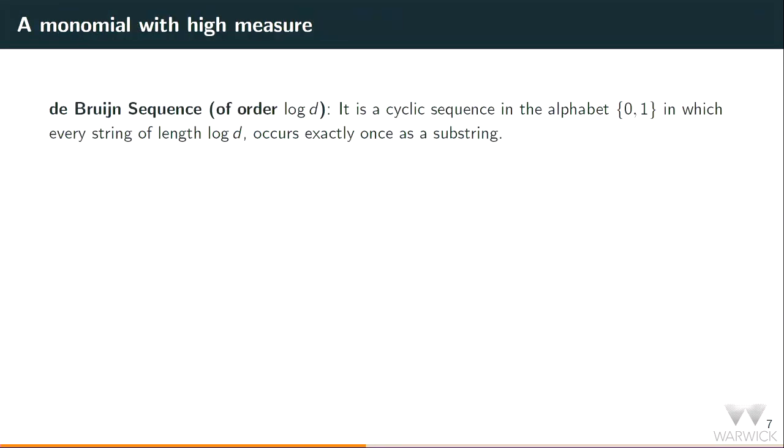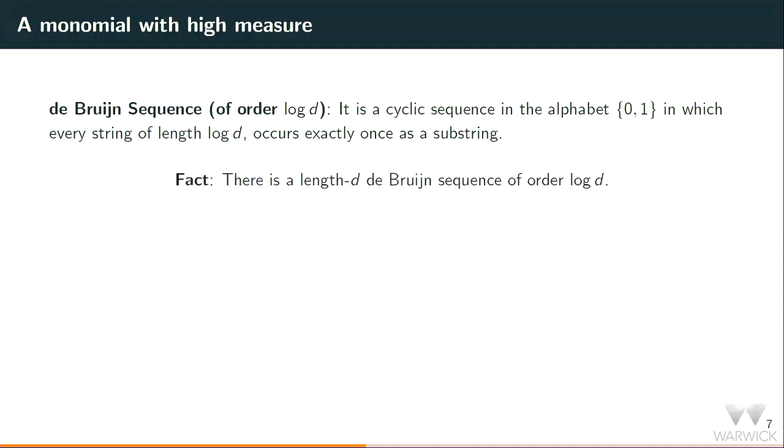And there essentially exists such a monomial, and that monomial comes from the de Bruijn sequence. So what is a de Bruijn sequence? These are sequences over the 0-1 alphabet such that every string of length log d occurs exactly once as a substring.